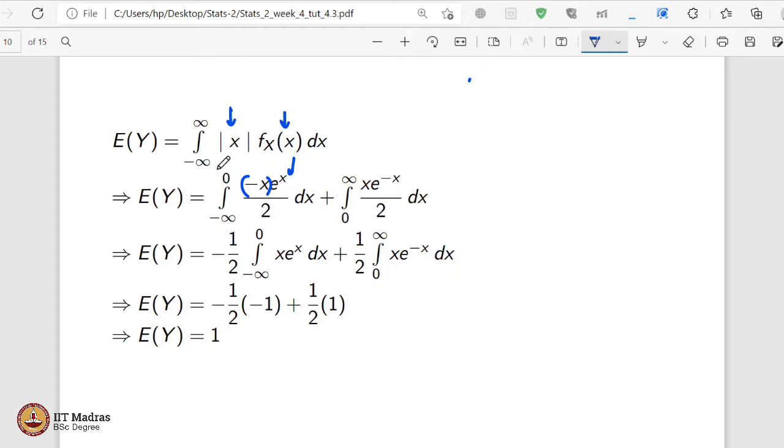Similarly for x greater than 0, we write mod x as x, and then the PDF of x for x greater than 0, and then we integrate. So -1 upon 2 times the integral of x e to the power x, and we already know the integration from minus infinity to 0 of x e to the power x.